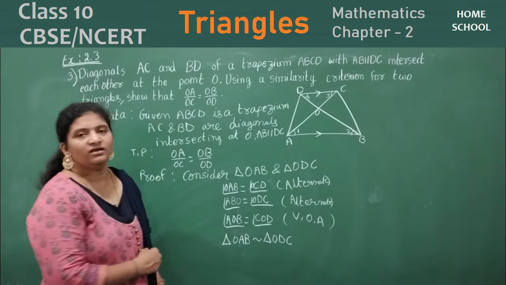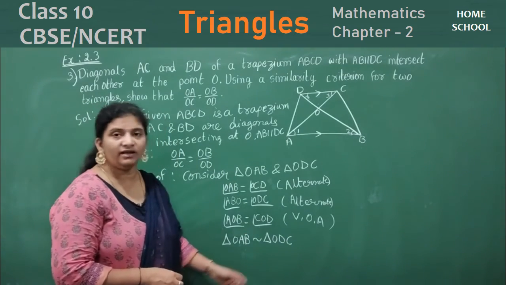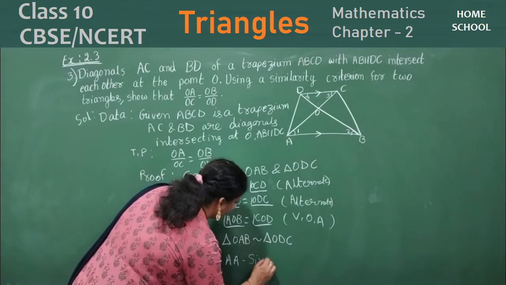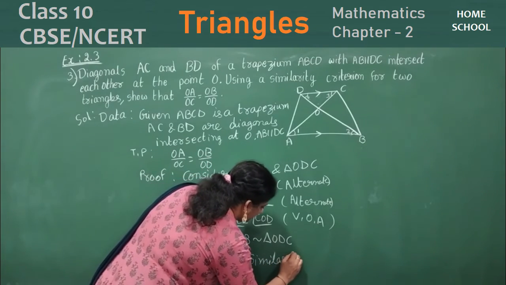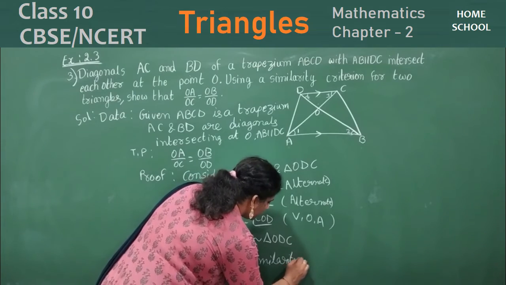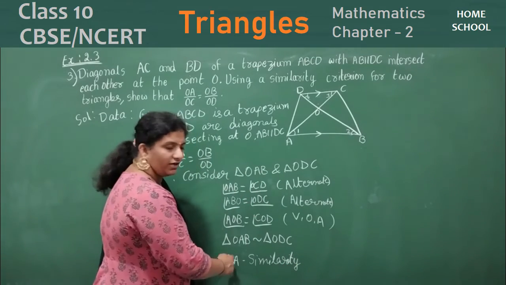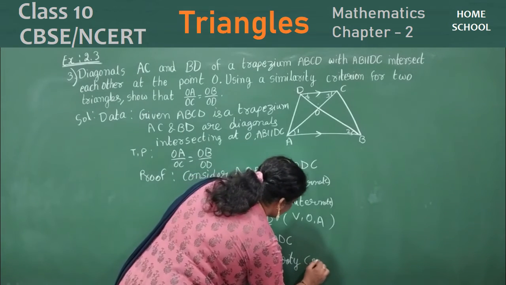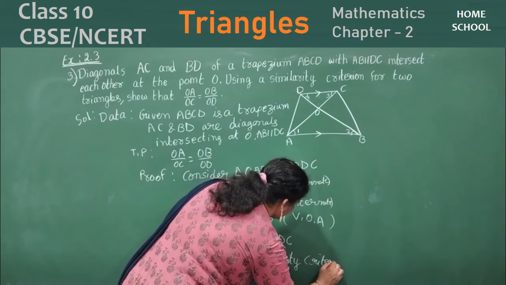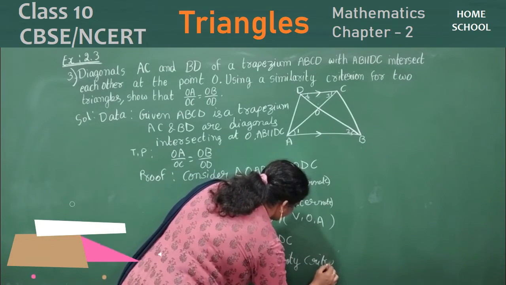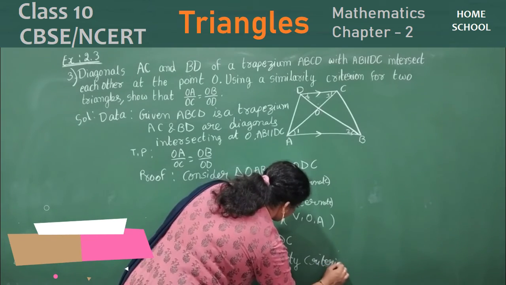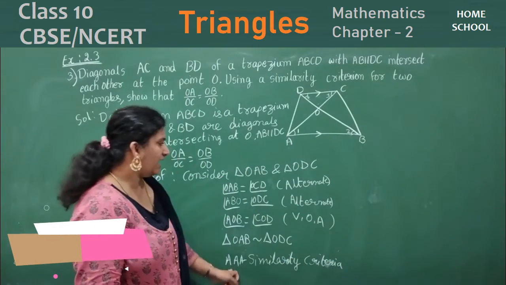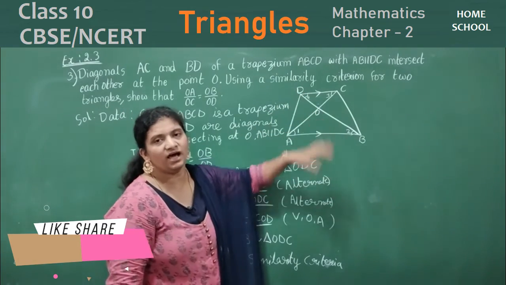How are we saying this? By seeing the angles, I am saying it by angle similarity criteria. You can use only two angles, or three angles if you want, no problem. By angle similarity criteria, I can say that the two triangles are similar.